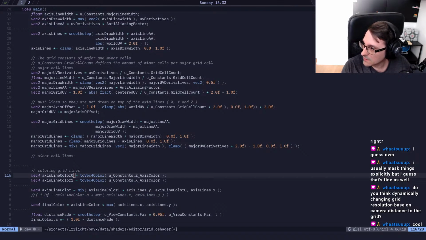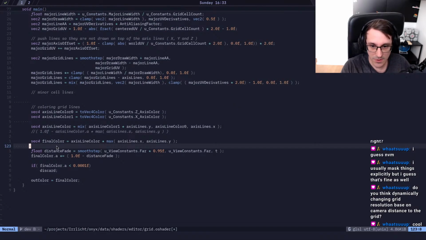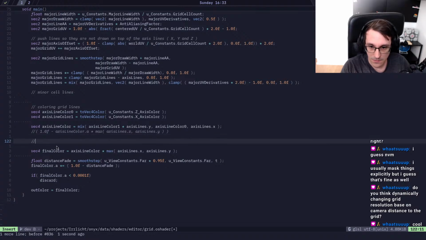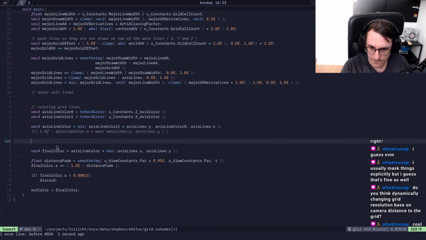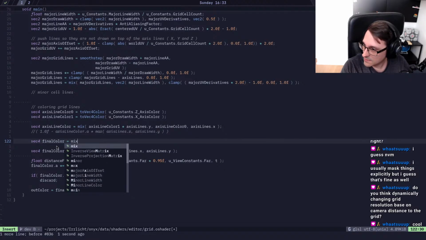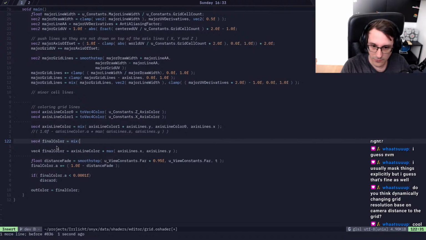Alright, let's bring in the major grid lines. So what we need to do is here we have our axis lines. And then here we bring out our vec4 final color, which is a mix of, well, actually I think here we don't need a mix yet because we don't have the minor color yet.